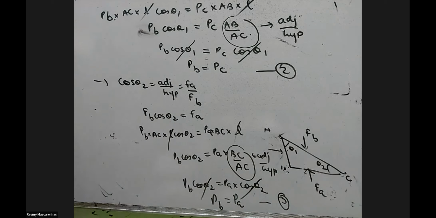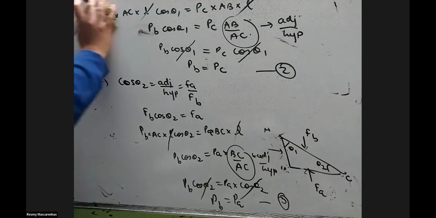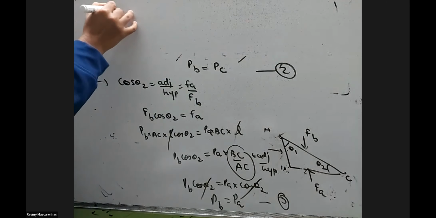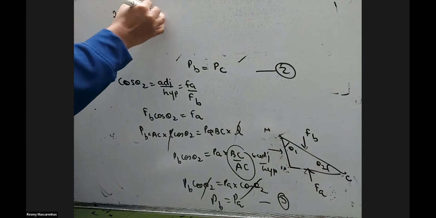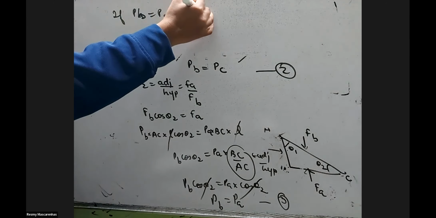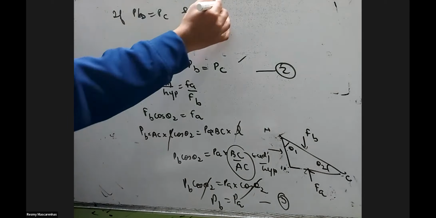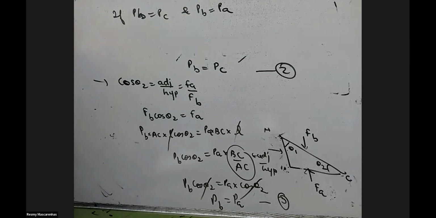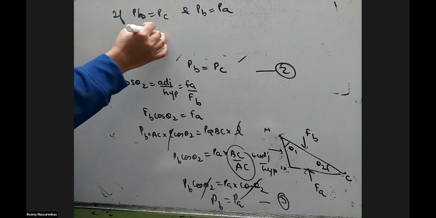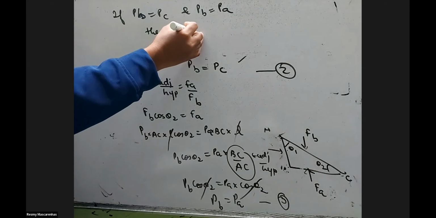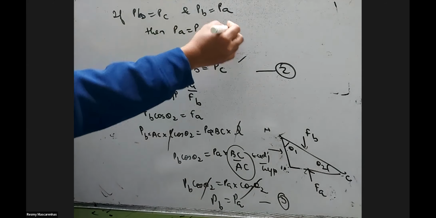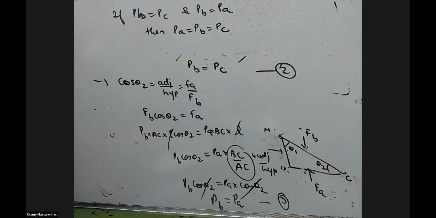And look at now equation 2 and equation 3. If Pb is equal to Pa and Pb is equal to Pc, it's a common thing. Then you know that Pa equals Pb equals Pc. All the pressures are equal.